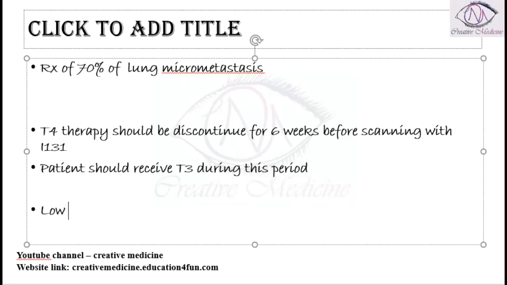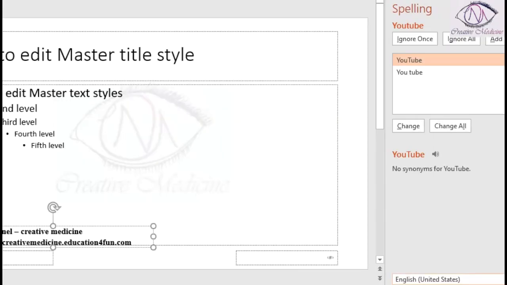Then a low iodine diet should also be given for a period of 2 weeks before iodine 131 scan.